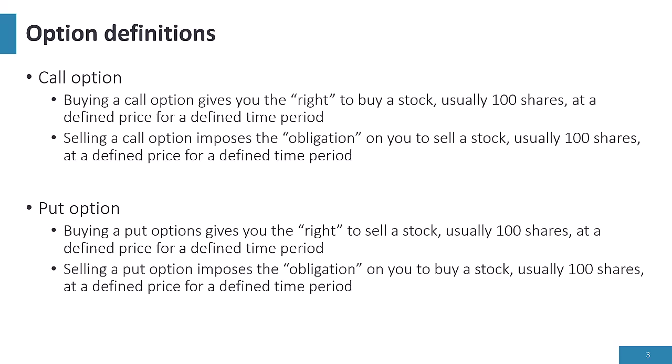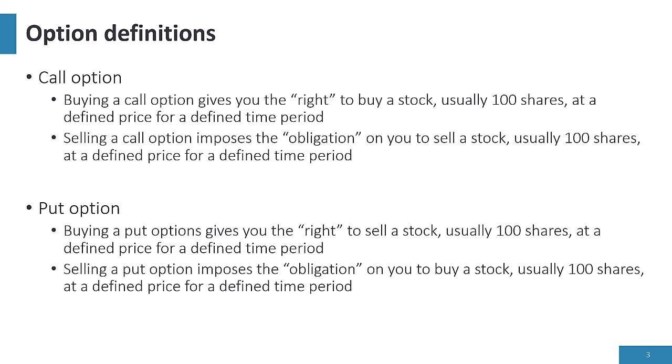So say that option expires on Tuesday of next week. When I sell that put option, I'm promising that I'll buy the stock at $100 at any time between now and next Tuesday.